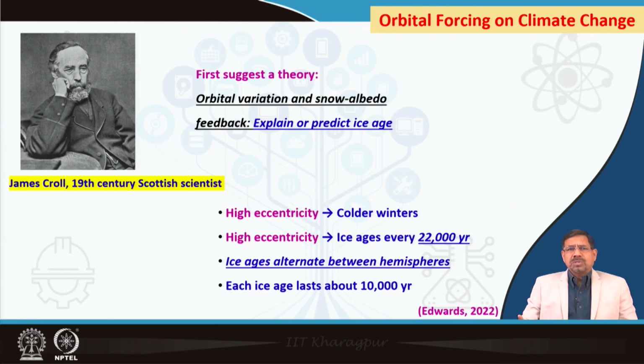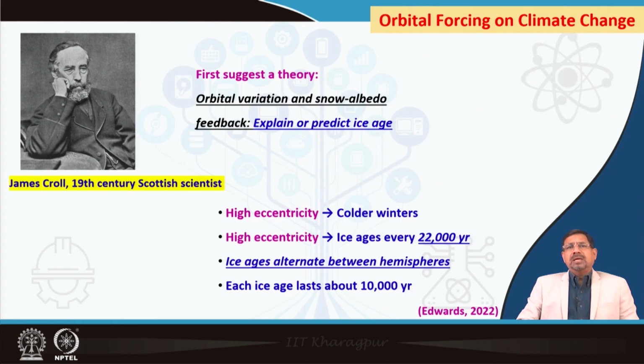So, what he proposed? Higher eccentricity. In our next slide I will explain what eccentricity is. See, earth takes an orbit around the sun, and it is not a circle, it is elliptical. So, this elliptical orbit, what is its eccentricity, represented by the symbol E. We discuss that high eccentricity gives us colder winters.